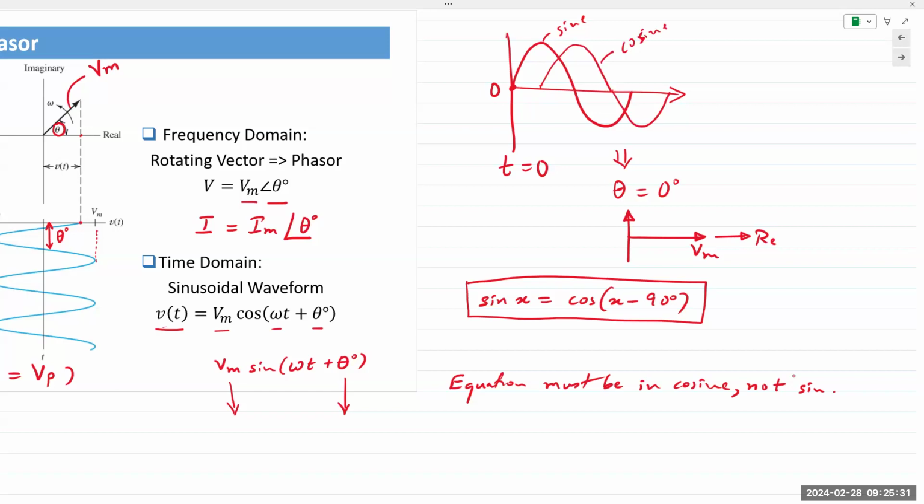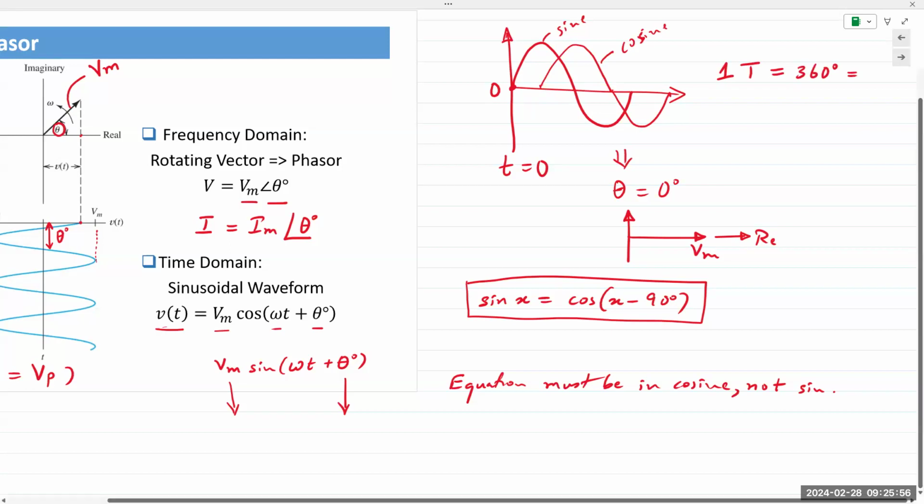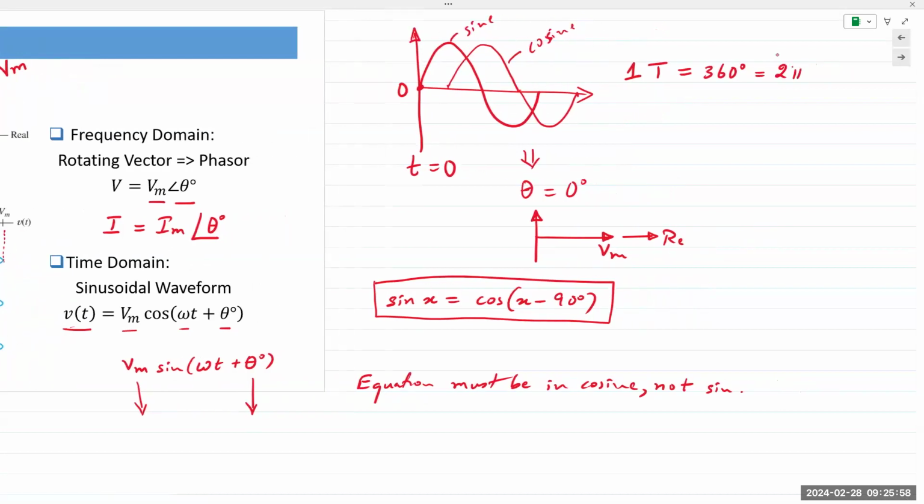Each full cycle is basically a rotation of 360 degrees. So one T, one full time period, meaning going from the positive peak to 0, negative peak, and back to 0, is 360 degrees, or 2 pi.